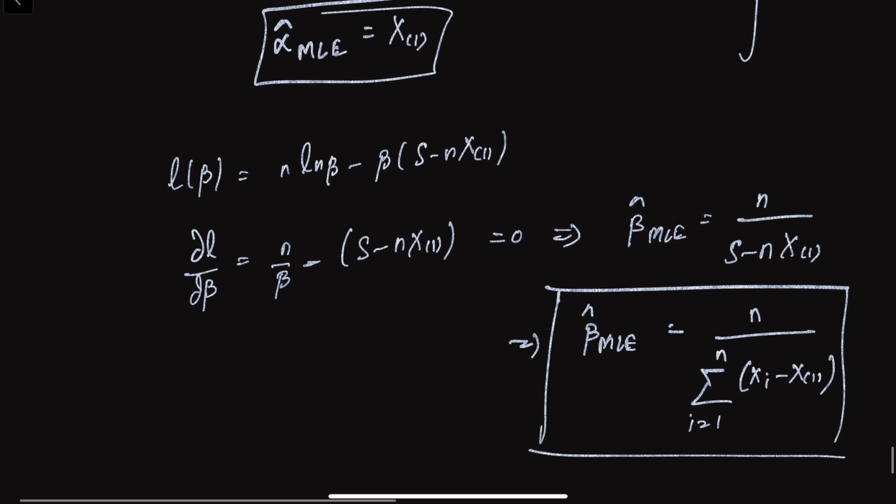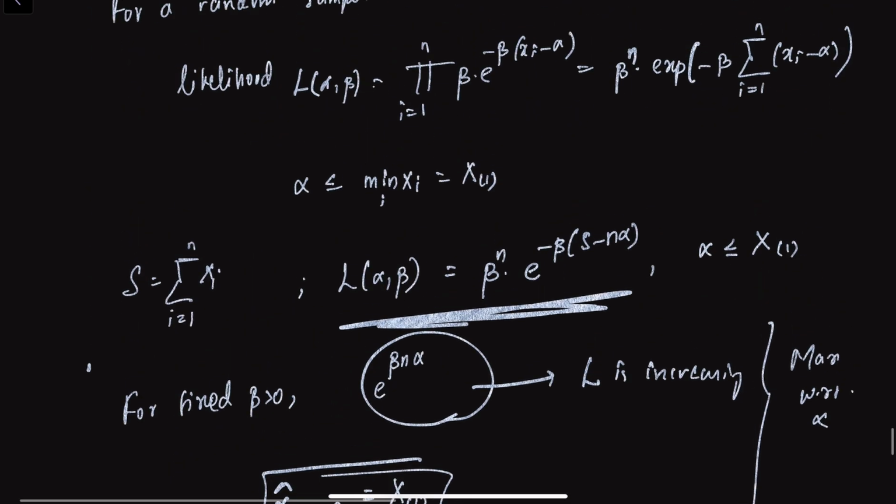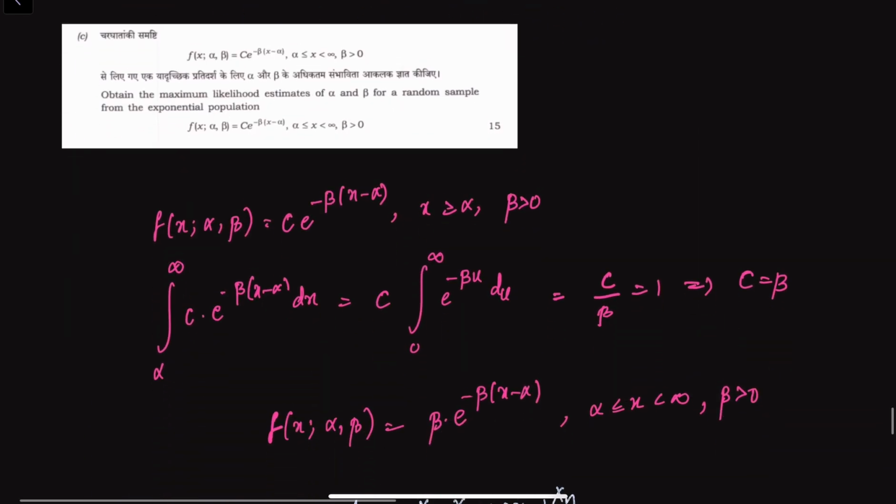So the maximum likelihood estimator of alpha is x of 1, the first order statistic, and beta is n by summation of (xi minus x of 1). Both estimates are invariant and standard for this location exponential distribution.